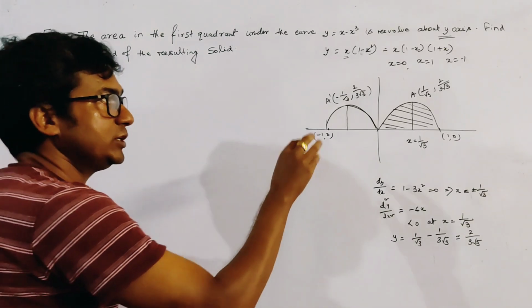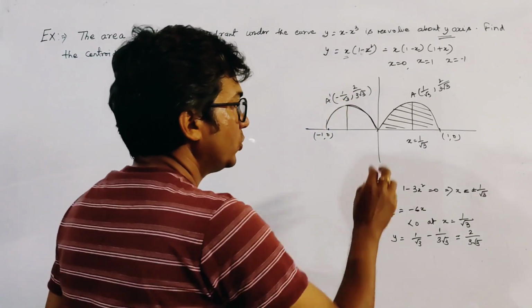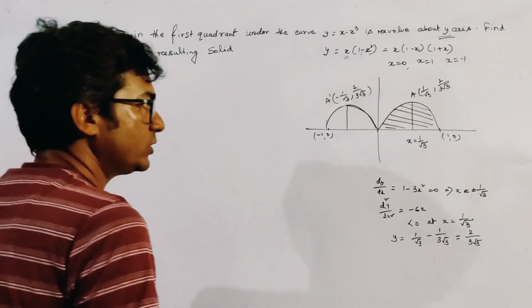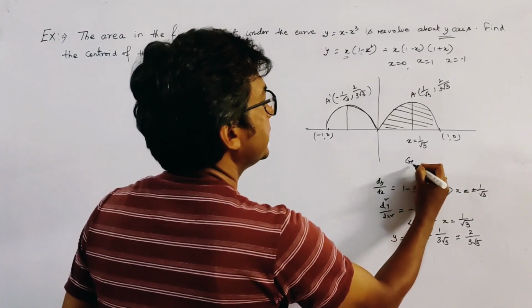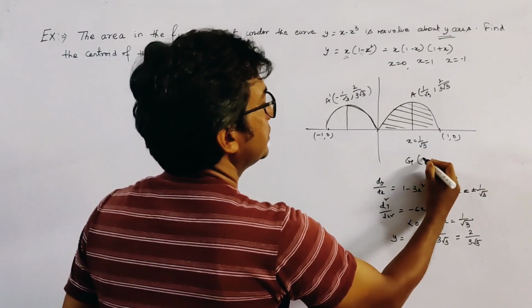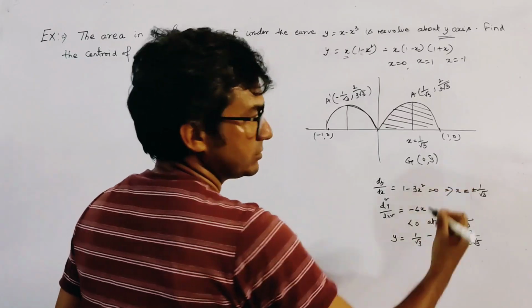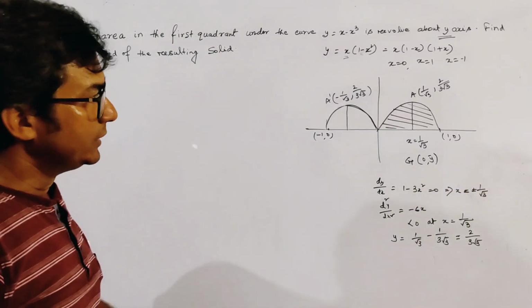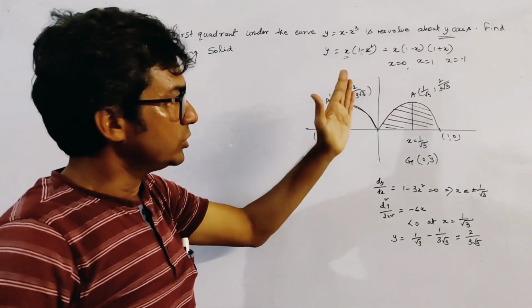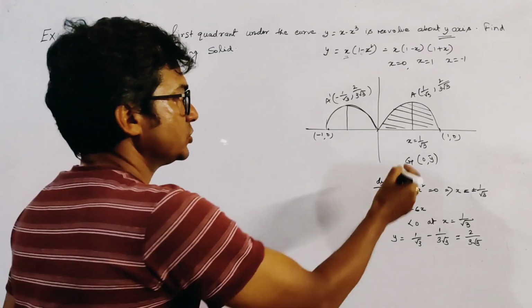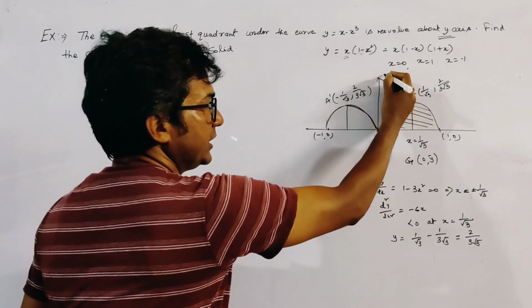Due to symmetry of the volume, the coordinate of the center of gravity of the volume of revolution is given by G equal to 0, y bar, because the CG lies on the y-axis. So the x coordinate of CG is 0.